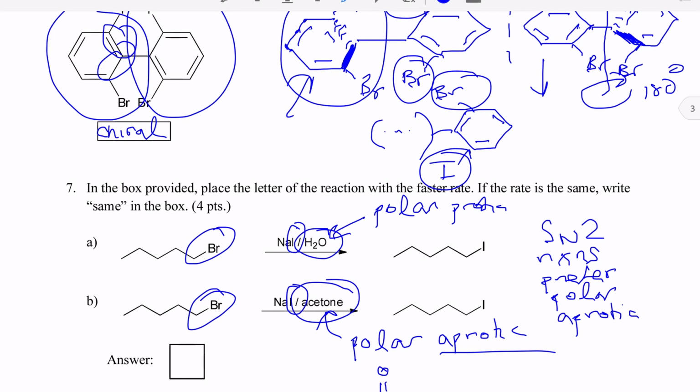And when it starts to interact with the ion, the ion is unable to react with the alkyl halide as much. So this actually affects the reaction rate. In a polar aprotic solvent, the hydrogen atoms do not interact as much with the iodine nucleophile. So this actually allows the reaction rate to go faster. And that is why we get B as our faster reaction.